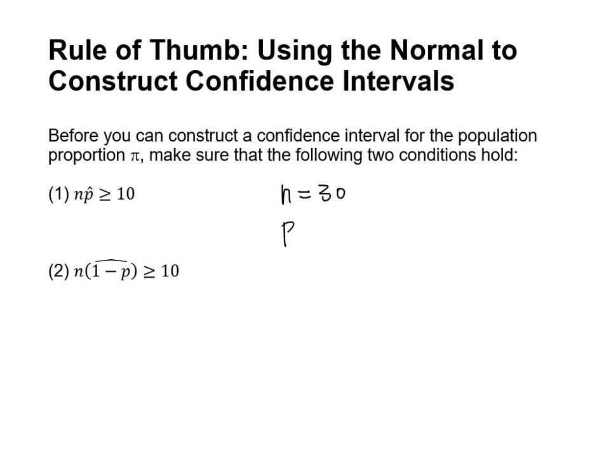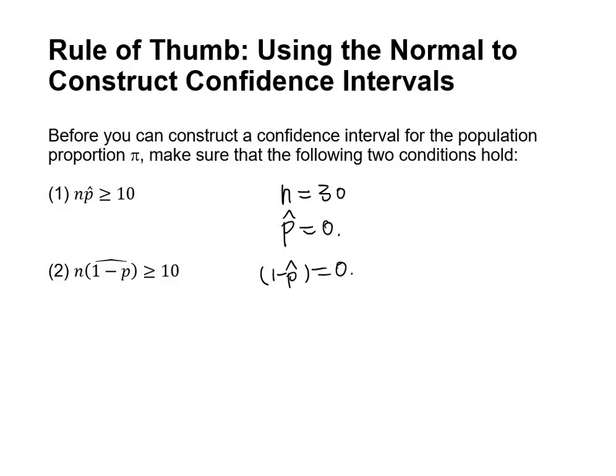Let's say the estimated proportion was 40%, so 0.40, and the proportion of those who do not go to the gym was 0.6. In this case, the first condition holds because 30 times 0.4 is 12. And of course, 0.6 times 30 is 18. So both conditions hold, and I can proceed with estimating the confidence interval.